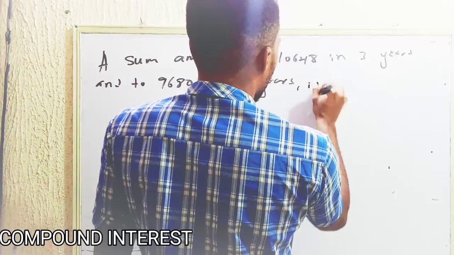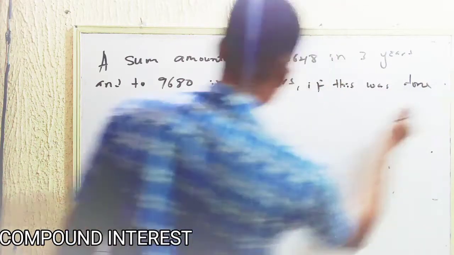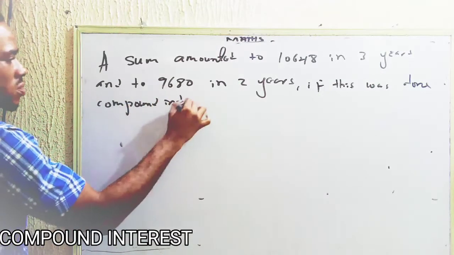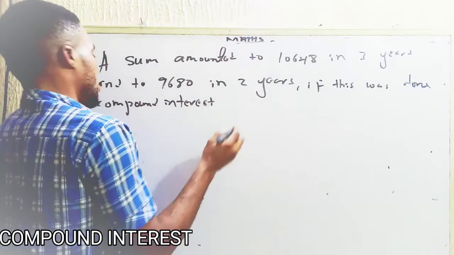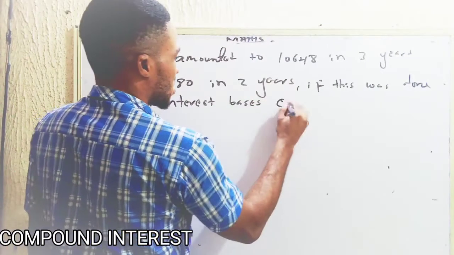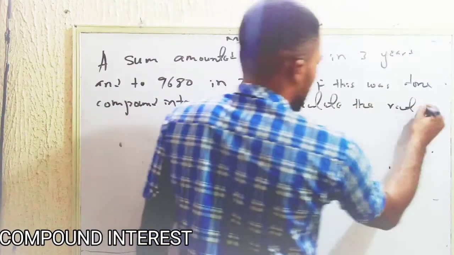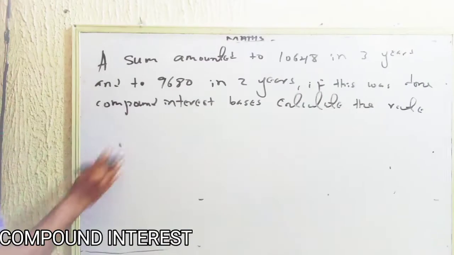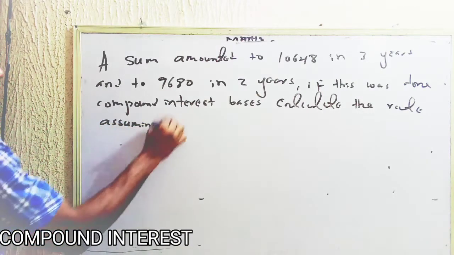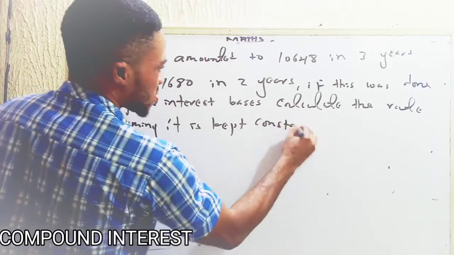If this was done on compound interest basis, calculate the rate, assuming it is kept constant.